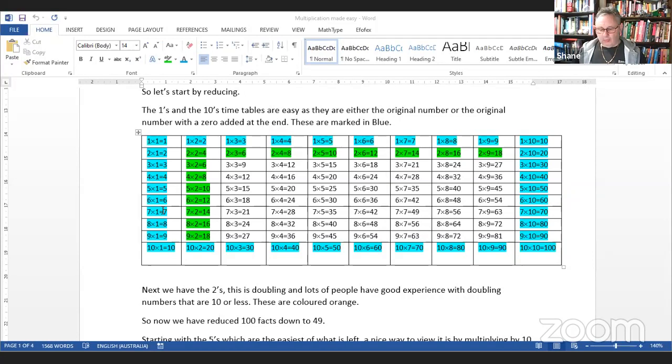So the way to get these, and I'm going to use 3 as my example because the example's just as fitting for 4, is you start by just counting in 3s. 3, 6, 9, 12, 15, 18, 21, 24, 27, 30.